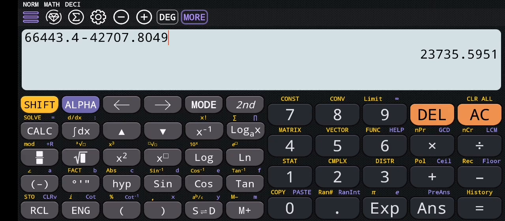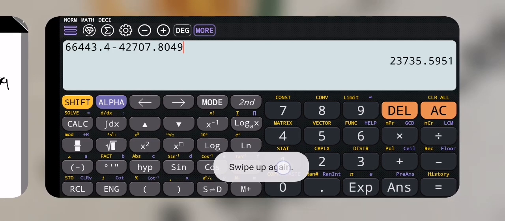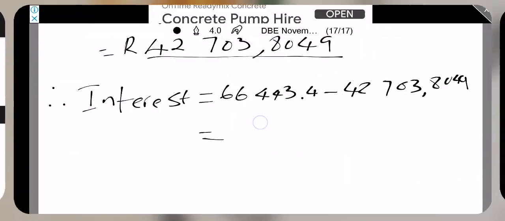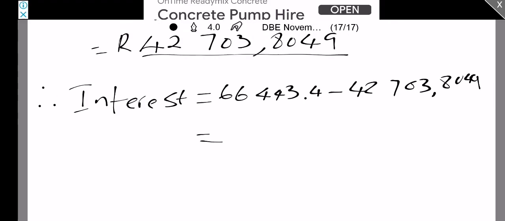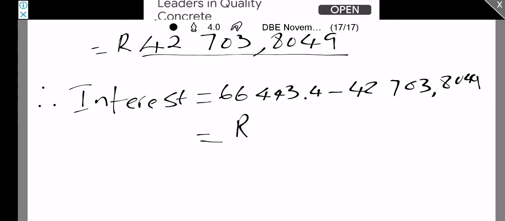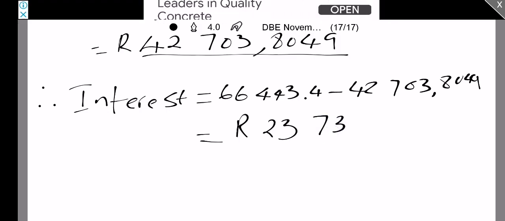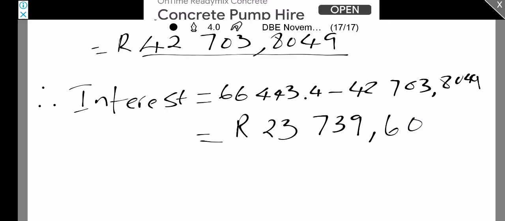That is 23,739.60. This is the total amount of interest that John would have paid in the first 12 payments.